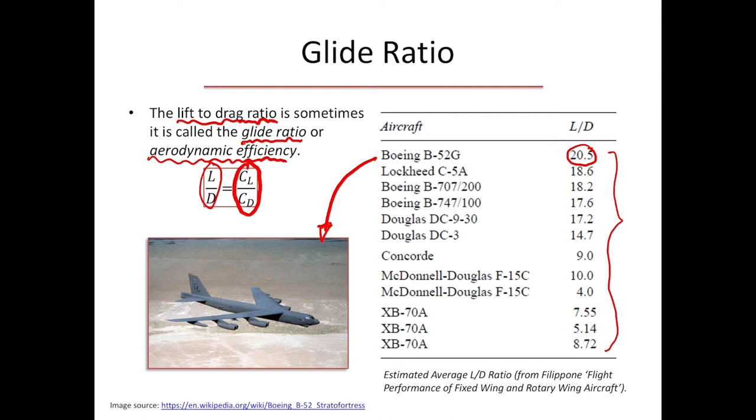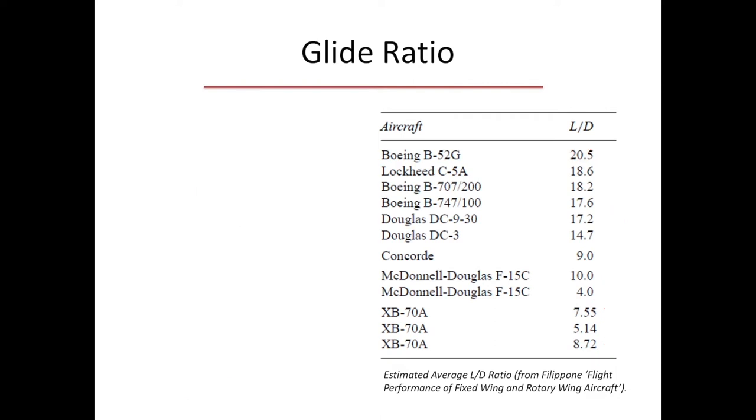So the B52 is a long range bomber, whereas the XB70A down in this region is more of a short range bomber. So it depends on what we're after for our aircraft.